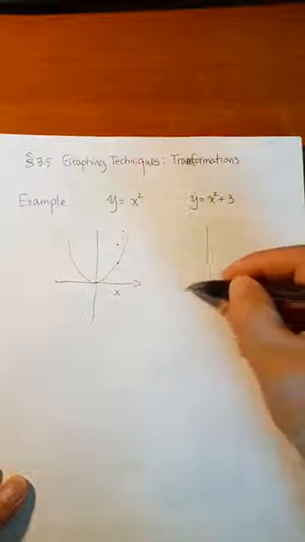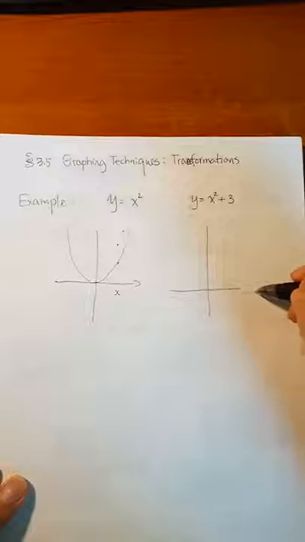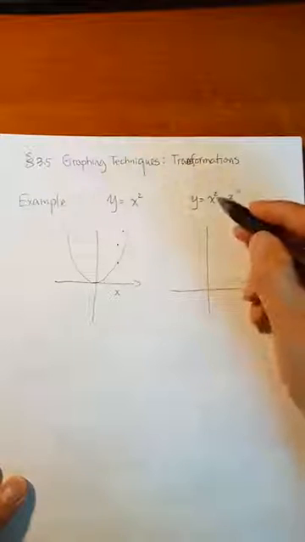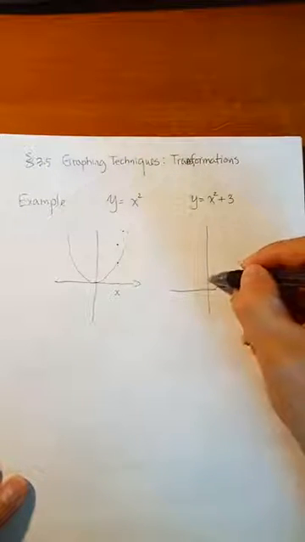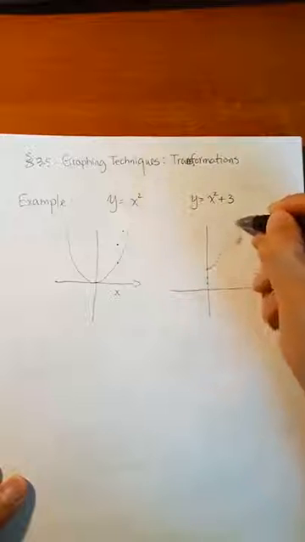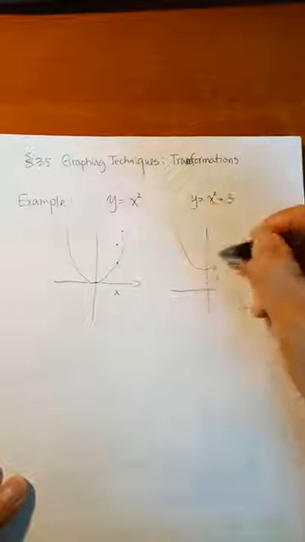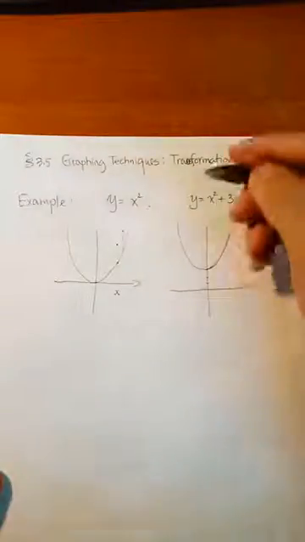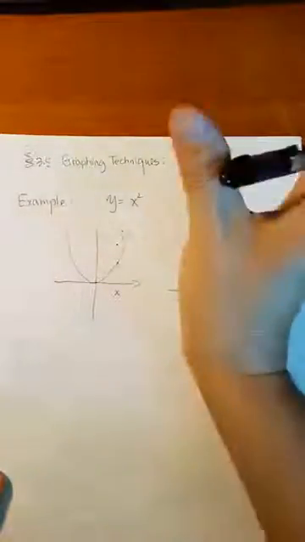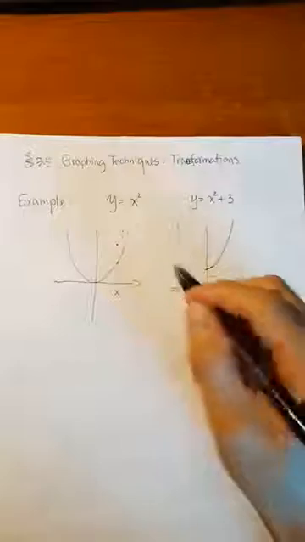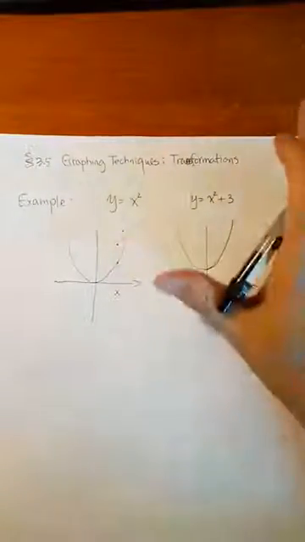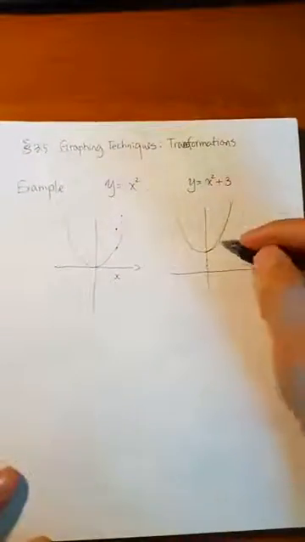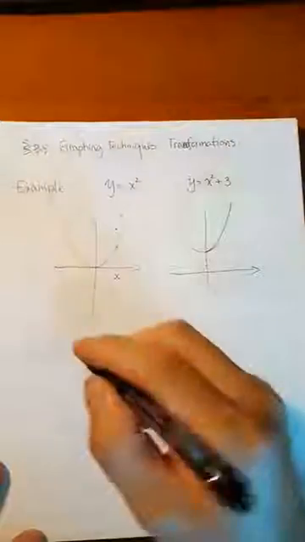So the graph of y equal to x squared plus 3 is like 1, 2, 3. So it's like this. Okay, so you add 3, you more or less push the graph of y equal to x squared vertically up 3 units.